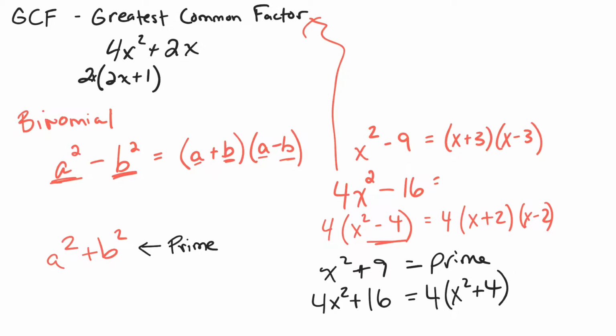So this thing is not prime because of that common factor of 4. Remember, we've talked about that in class. If your polynomial has more than 2 factors, it's not prime. So obviously it has the factors of 1 and itself, but this one also has the factors of 4 and x squared plus 4, so it's not prime.